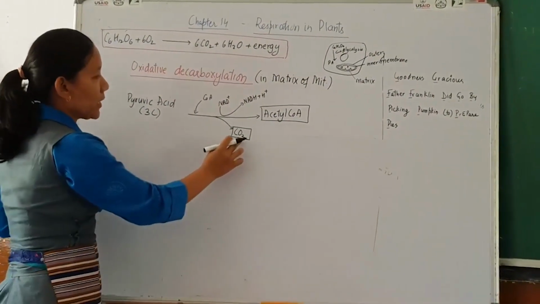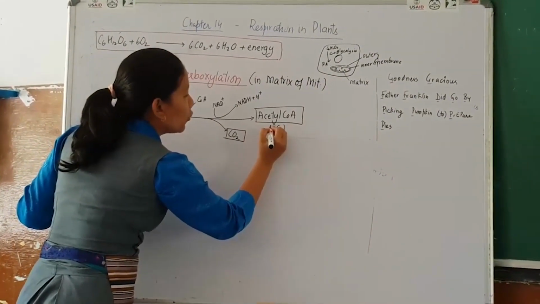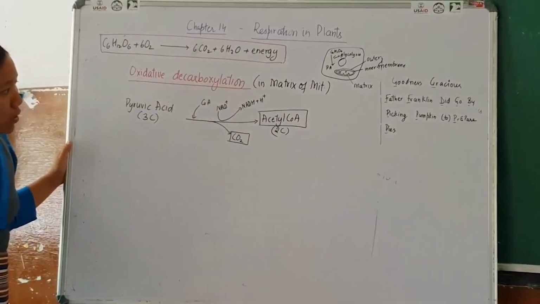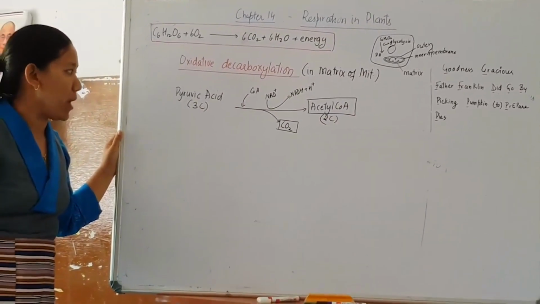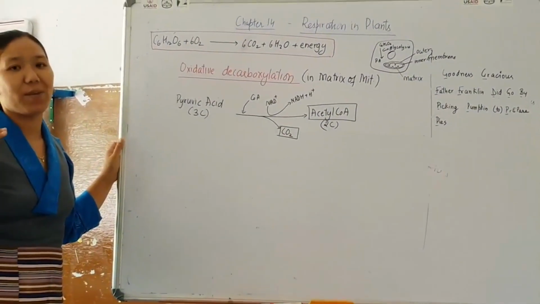Well, you can easily see one is lost in the form of carbon dioxide, so it is a 2 carbon compound. Acetyl-CoA is a 2 carbon compound which will now enter into the Krebs cycle.